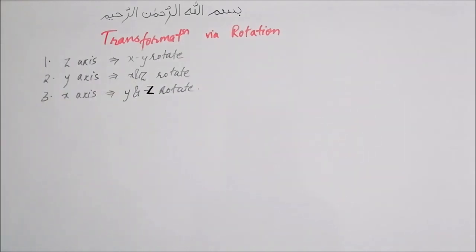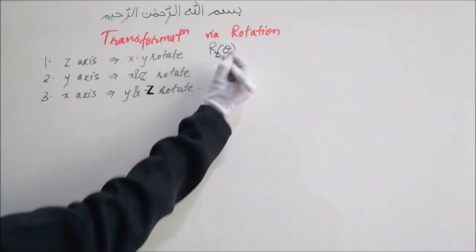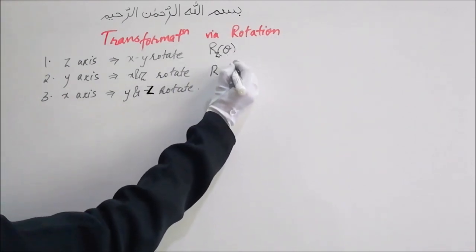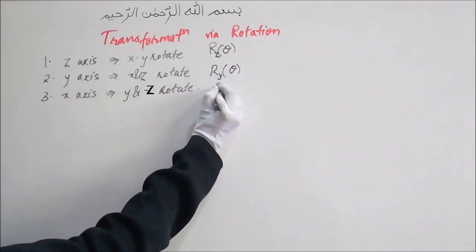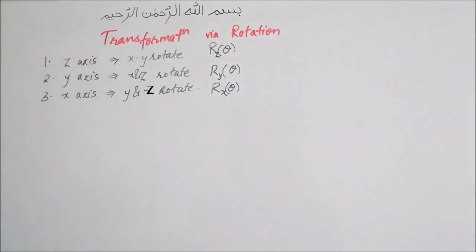Thus, considering these 3 types of rotations, we will get 3 types of transformation, or we can say rotation matrices. They are denoted by R theta rotation about the z axis, or R theta rotation about the y axis, or R theta rotation about the x axis.